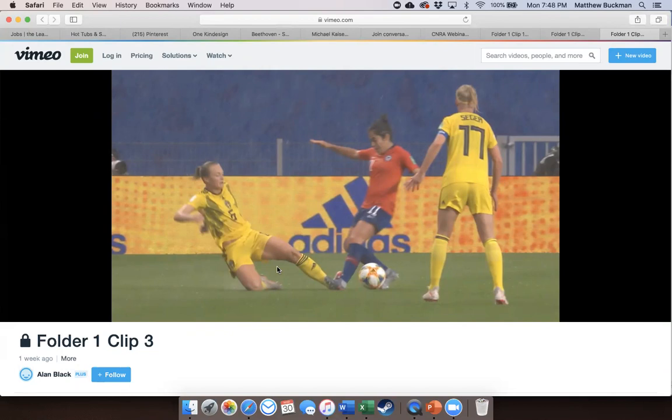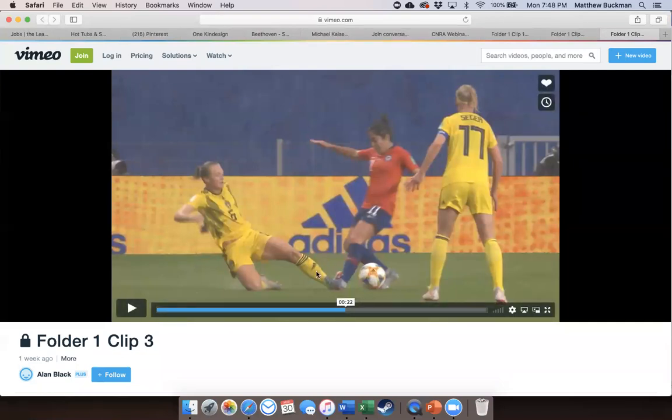Now, I want to make sure that we understand the difference between fair and unfair. If a player slide tackles, wins the ball, and a player just stumbles over the top of their outstretched leg afterwards, no problem whatsoever. But here we have a player who, after kicking the ball away, plants her studs into the foot and or ankle of an opponent. This right here, we need to consider unfair contact. This is not fair contact.